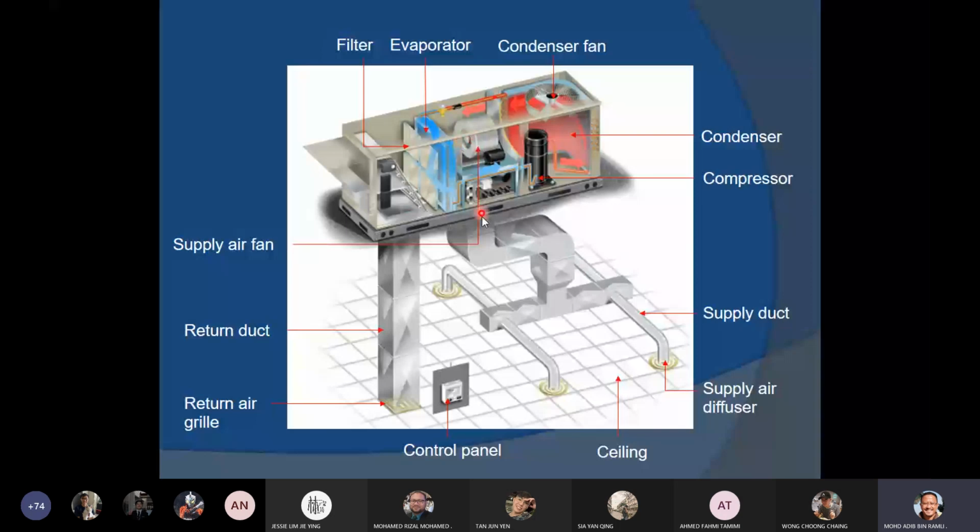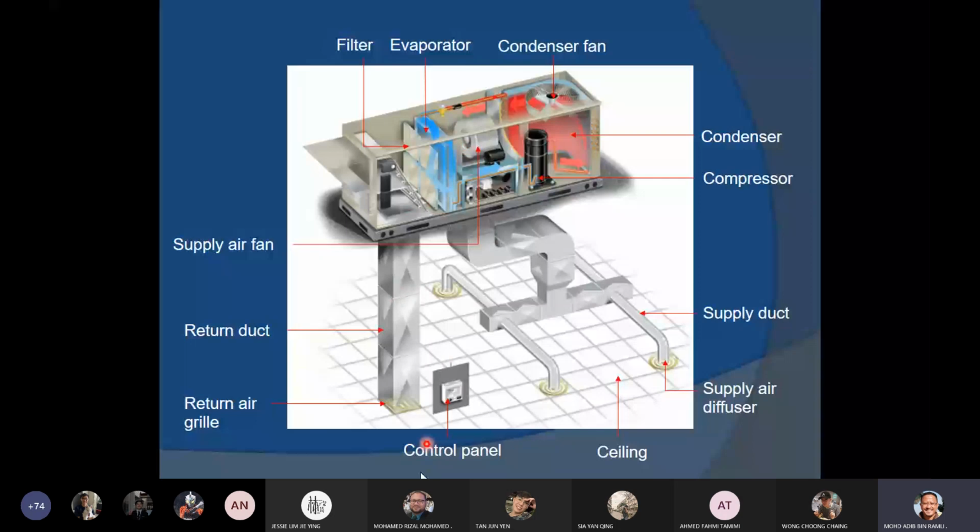The cool air is blown through the ductwork and into the rooms. At the same time, the existing air inside the room below the ceiling gets sucked into this return air grill, right? So it gets up here again.